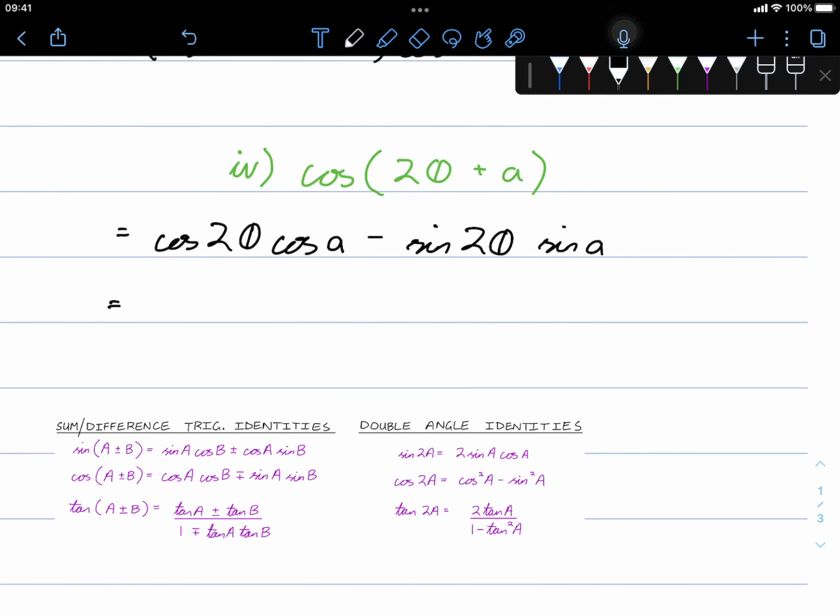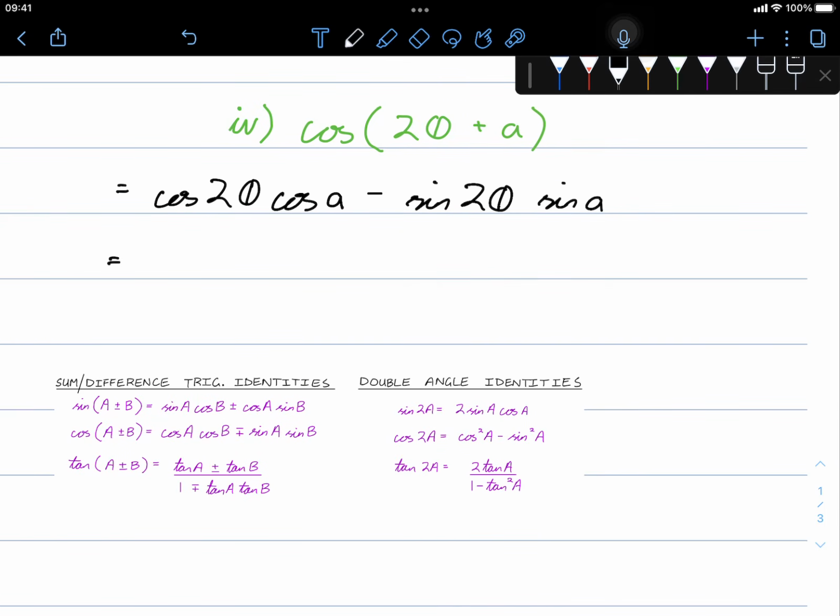From here, once again, we can expand this double angle, cos 2 theta.